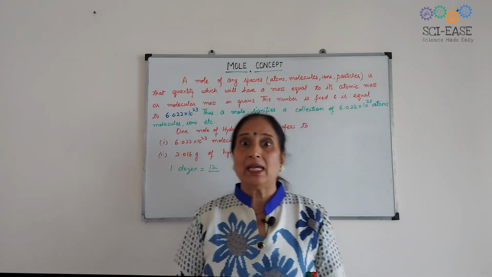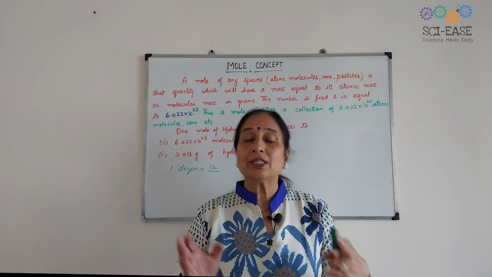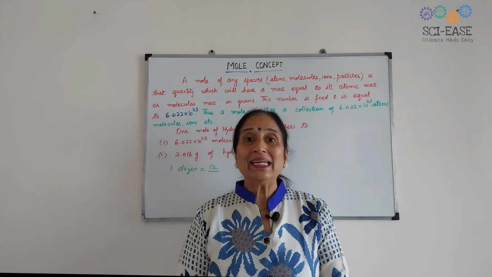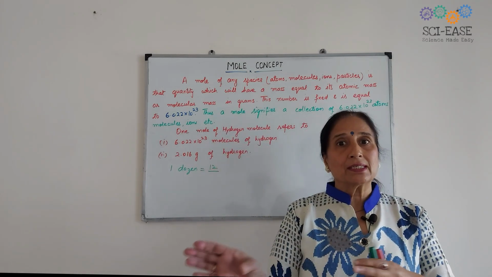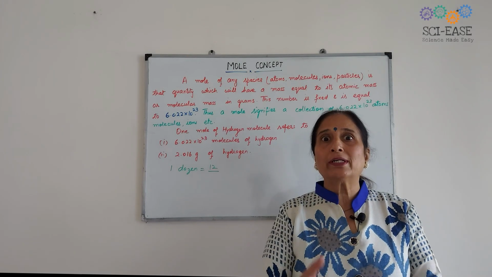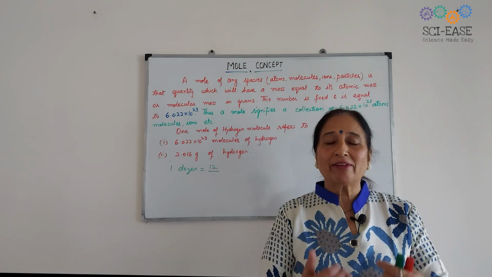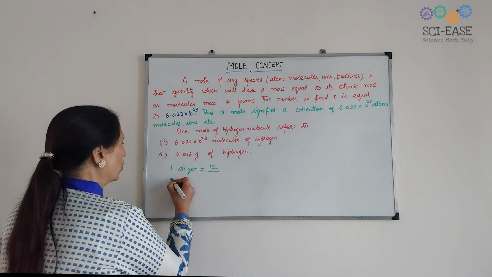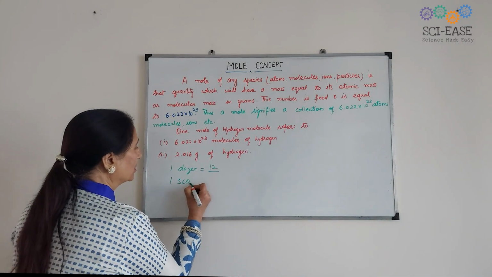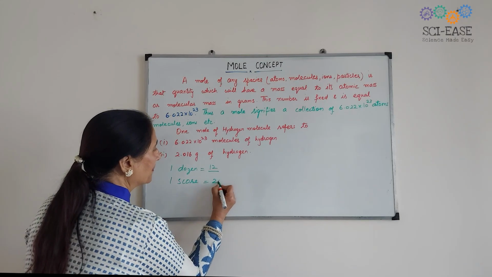In the same way, there are other units also to measure the number of certain substances. Like if we want 20 eggs, it will be 1 score. So 1 score is equal to 20.